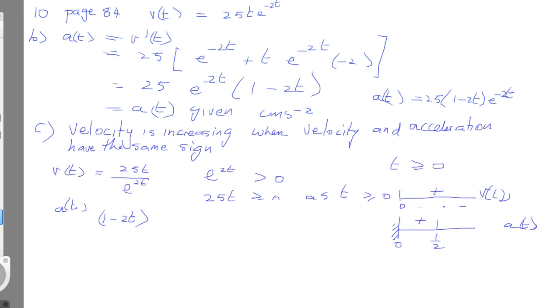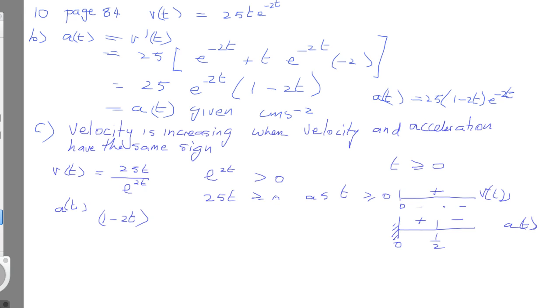And if I put in 3/4 or even 1, 2 ones are 2, so 1 take 2 is going to be negative. So a negative number times positive 25 times e to the 2t, or divided by e to the 2t, which is also positive, will give me a negative.